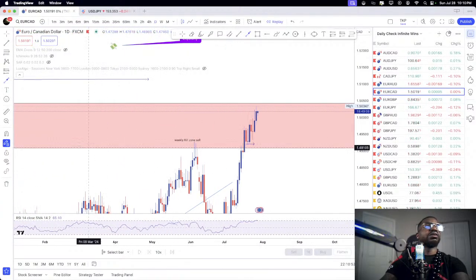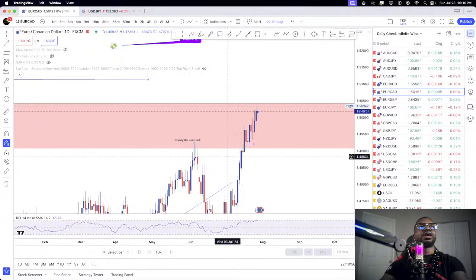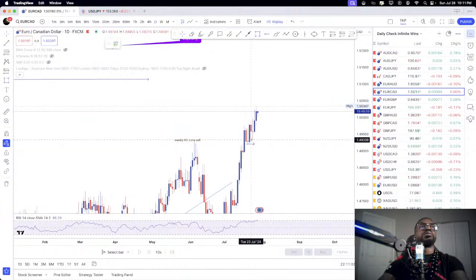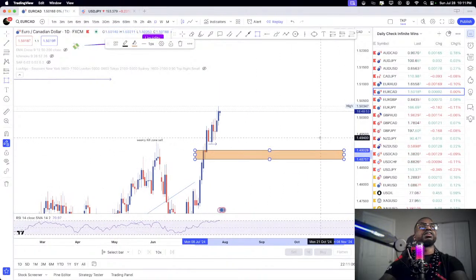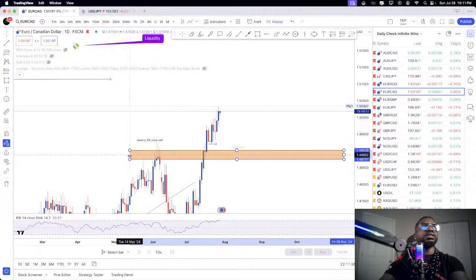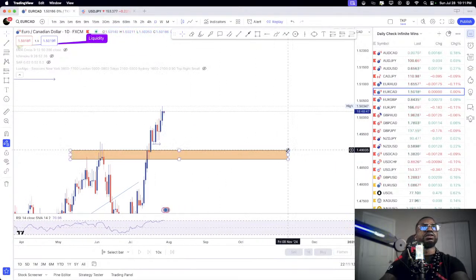So right here, where price broke this high, it left this flag right underneath that area where price was consolidating. So that's pretty cool. At some point, just like Euro JPY, this thing has to come back. I'm sorry, USD CAD. So we're going to set some alerts because this is what we're waiting for.